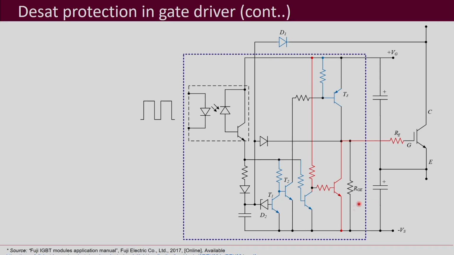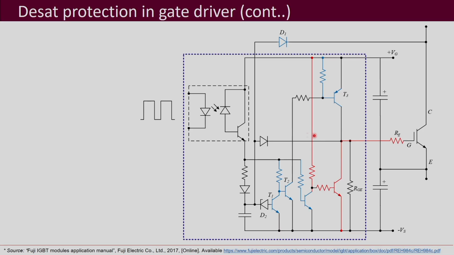Now, let us look into how this whole thing works. Just an example is given here. This circuit is taken from Fuji's IGBT modules application manual. Here it shows what type of circuit can be inside to provide the Desat protection.